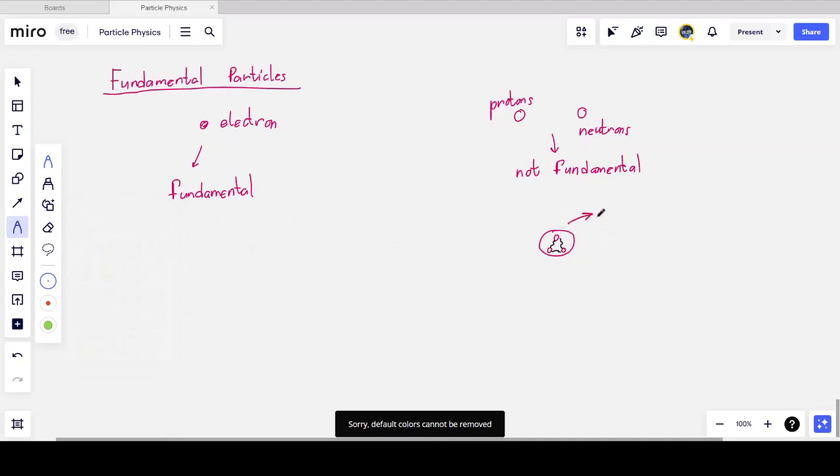And so this entire picture represents a proton. But inside the proton, there are 3 quarks. This is specifically for the proton, but there are 3 tinier particles, even tinier than the proton itself. And then they are held together by something called the nuclear strong force.